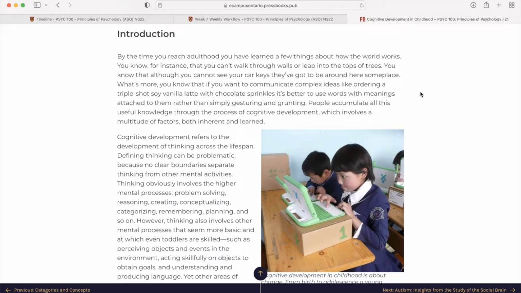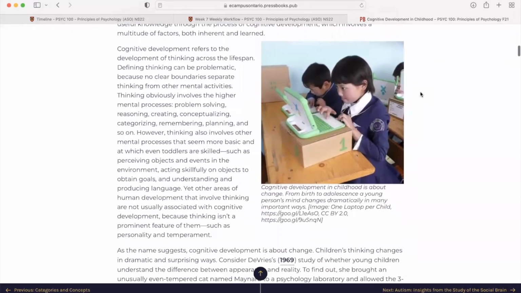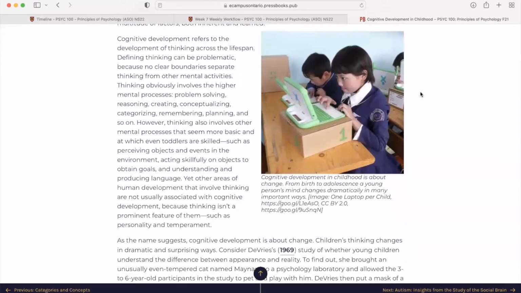People accumulate all this useful knowledge through the process of cognitive development, which involves a multitude of factors, both inherent and learned. Cognitive development refers to the development of thinking across the lifespan. Defining thinking can be problematic because no clear boundaries separate thinking from other mental activities.